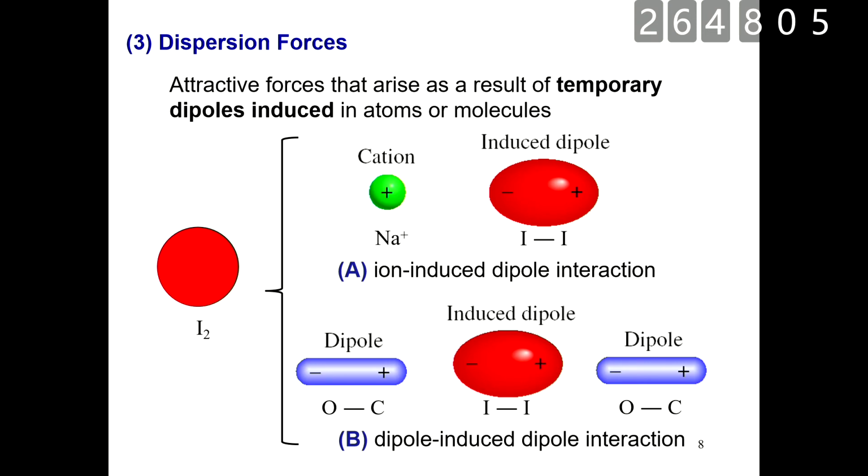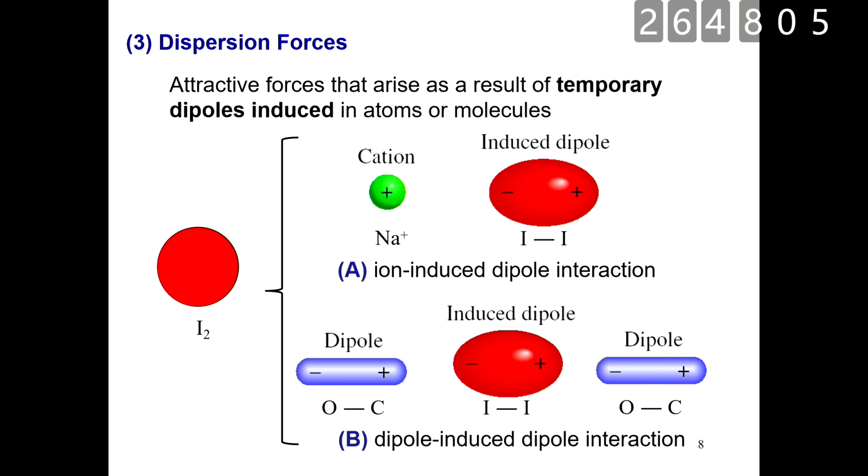This is one kind of dispersion forces, and it's called ion-induced dipole interaction. Ion-induced, because the temporary dipole is induced by the ion. The second one is called dipole-induced dipole interaction. So what does this mean?